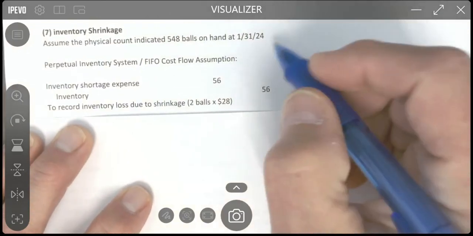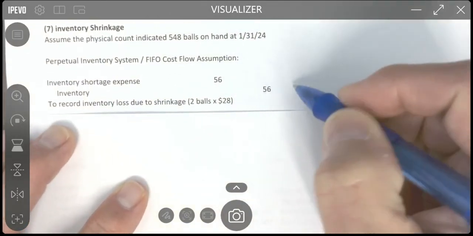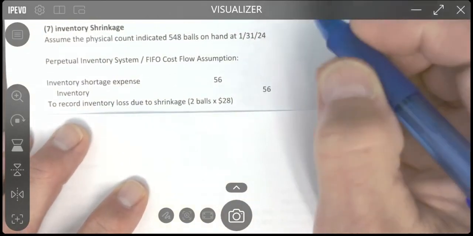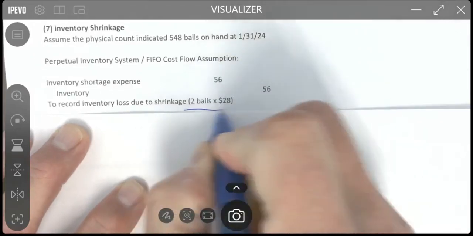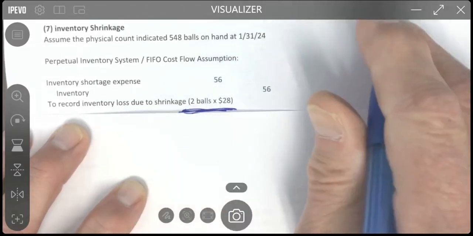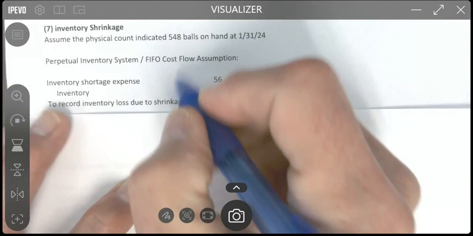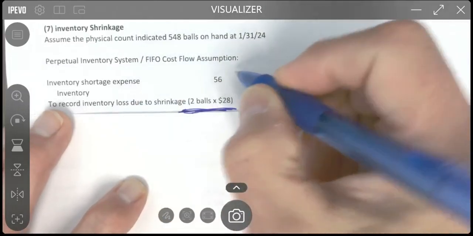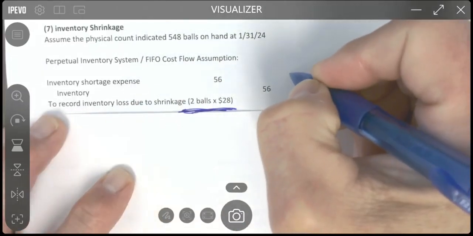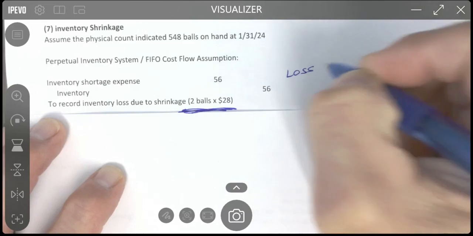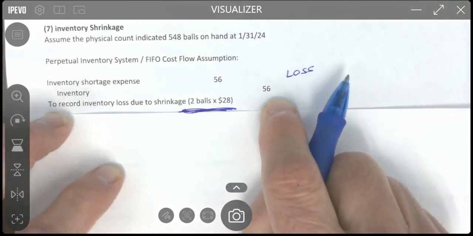So under FIFO, we assume that 2 of them that are no longer there cost us 28, and we record an inventory shortage expense of 56 and reduce inventory by 56.